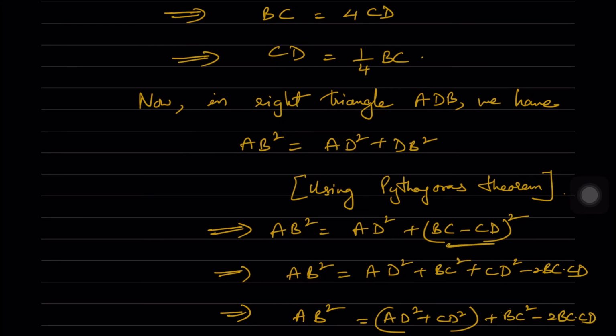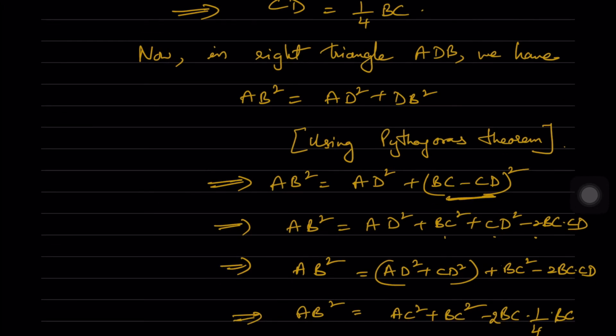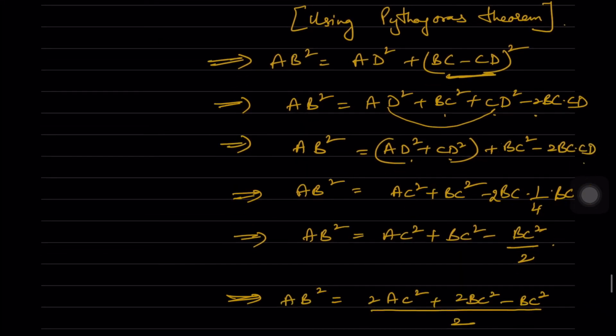Here you have to use the (a minus b) whole square formula: BC square plus CD square minus 2BC into CD. So AB square is equal to AD square plus CD square, these two together, then plus BC square minus 2BC into CD. So now here you are having AC square plus BC square minus 2BC into 1 by 4 BC.